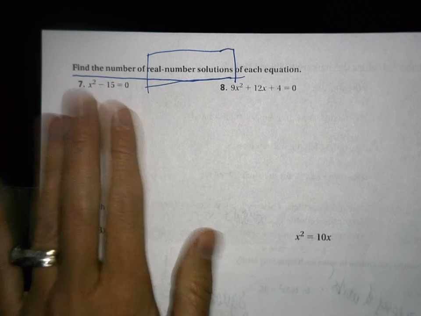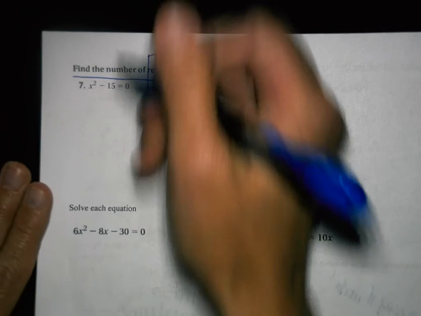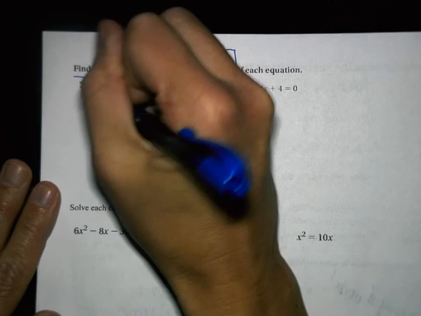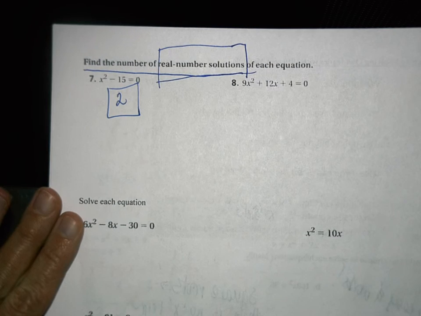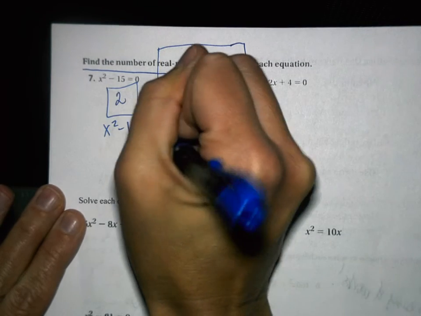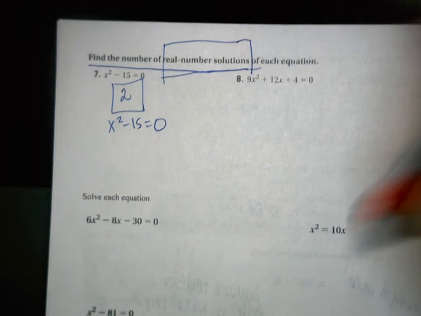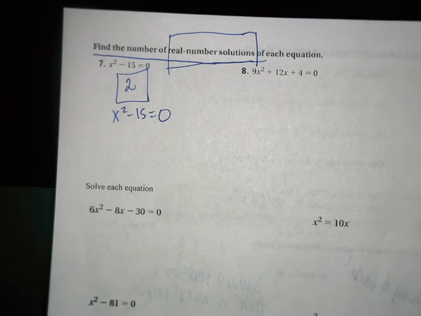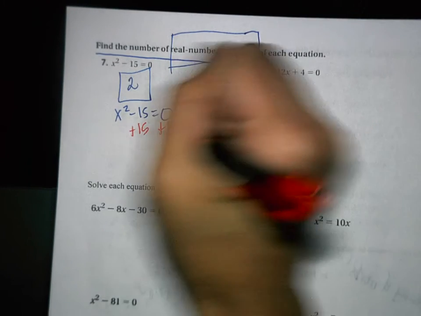How many real number solutions do you think you would get on number 7? 2 is correct. How do you know? Okay, we would get 2 numbers because what would I do to solve this one? Which method would I use? Square root. Yeah, square roots. I'd add 15 to both sides.